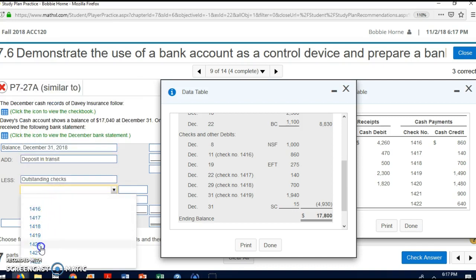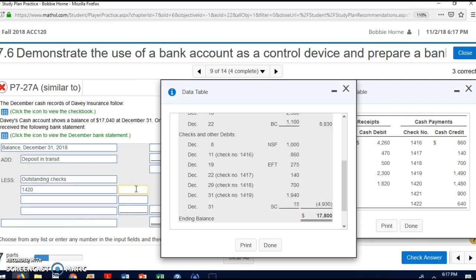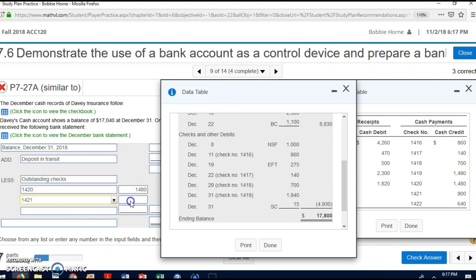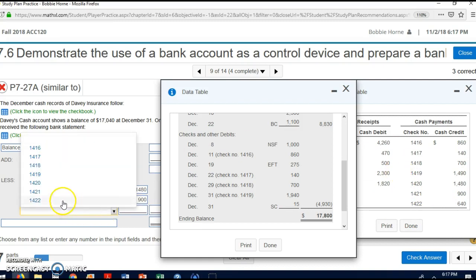Check number 1420 has not come through the bank yet, and it's for $1,480. Check number 1421 has not come through yet, and it is for $900. We're just getting these off of the book recording.